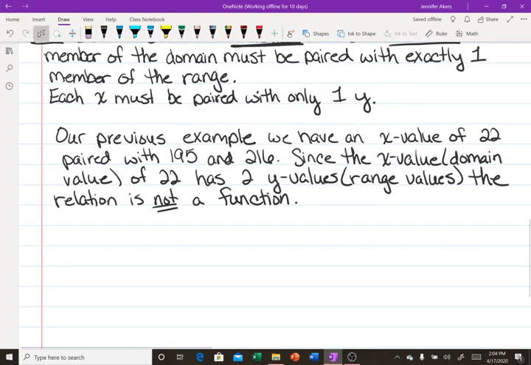So let's look at some examples. Determine if each relation is a function.